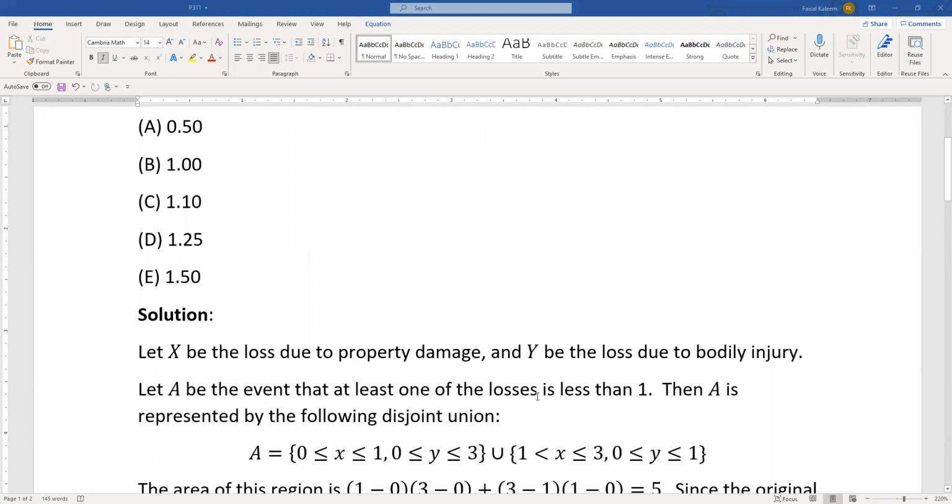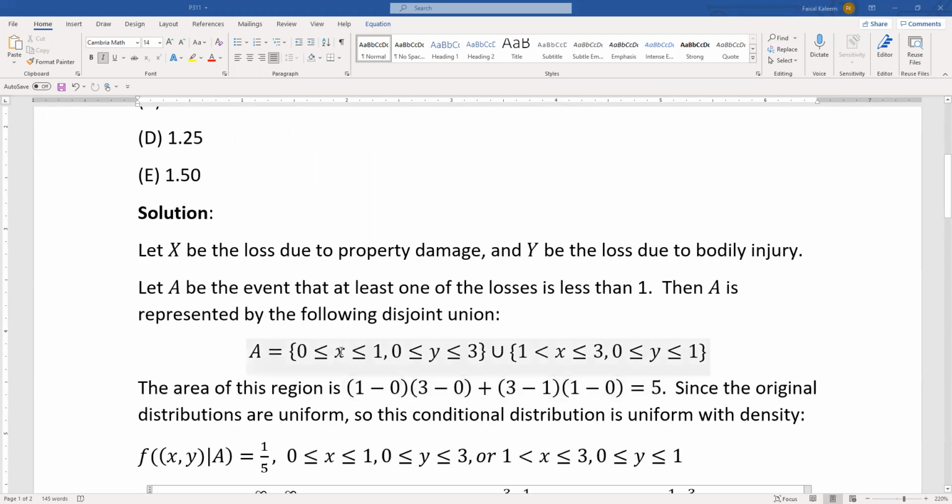So then A is represented by the following disjoint union. When X is between 0 and 1, then this first loss is satisfying the condition that at least one of the losses is less than 1. So the second loss could be anything, and the entire range of the second loss is 0 to 3.